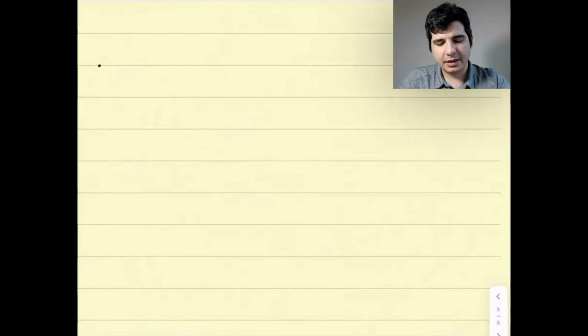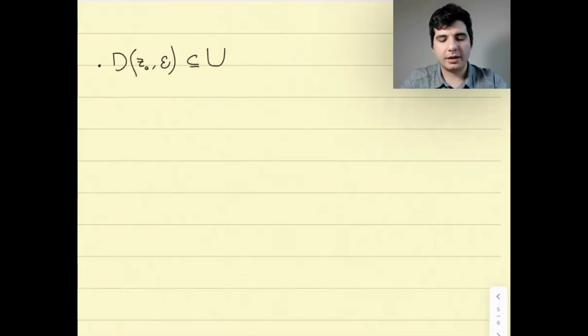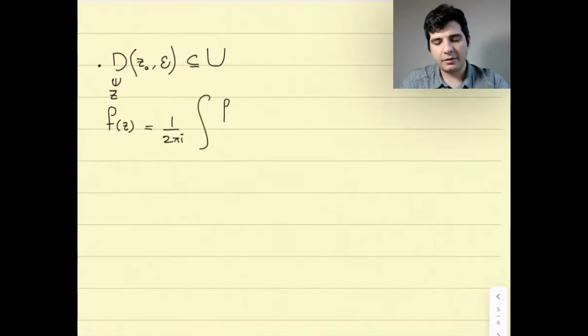It tells us that if we have a point z naught, and we look at a small disk centered at z naught with radius epsilon so that it falls inside the domain of the holomorphic function, then for any point z inside this disk, f of z is equal to this integral, 1 over 2 pi i, integral of f of w over w minus z dw over the boundary of this disk.